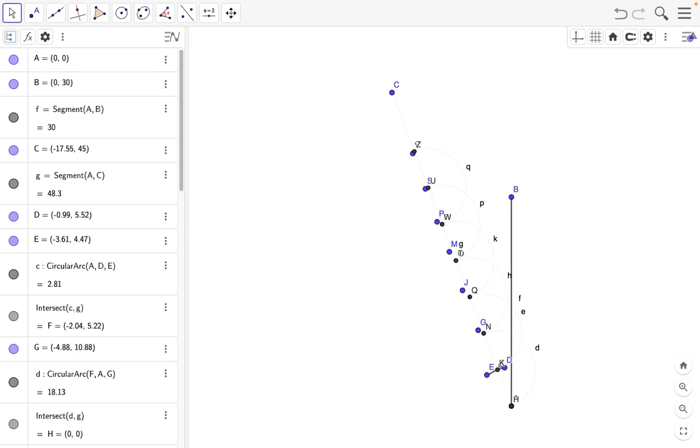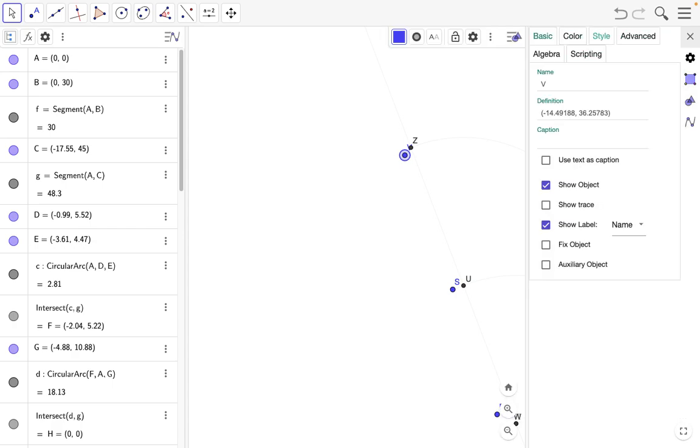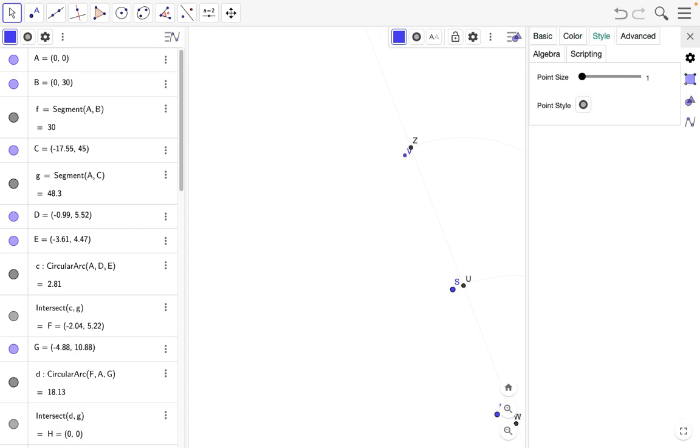Now here those points that we had taken, for them also we will select the point size very small, so that they just don't appear very loud. Only the important points should be predominantly visible.